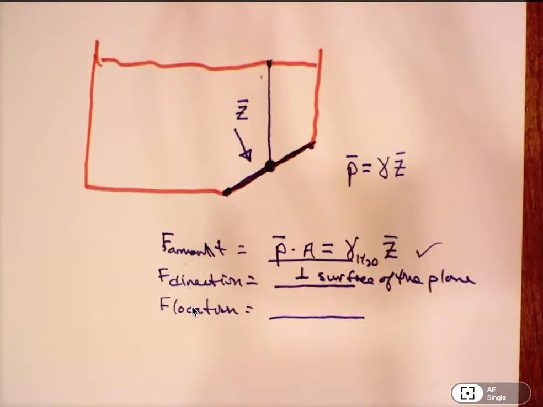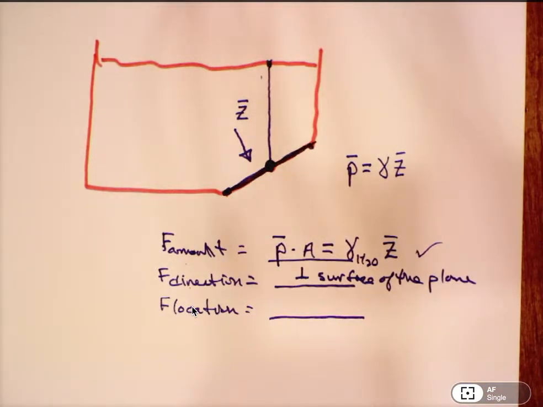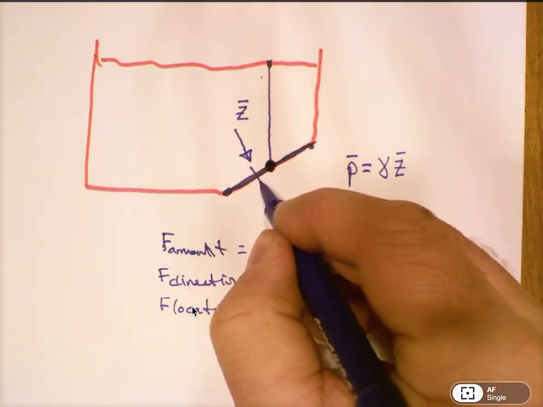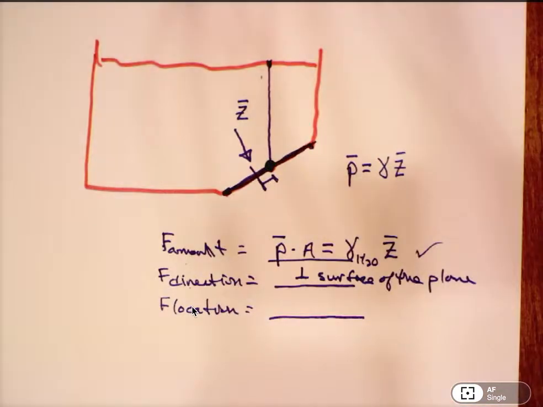Now the location. I bet you want to say the location is also at the centroid. It's not. In fact, it is located someplace below. Below means down and to the left in this case, below the centroid.